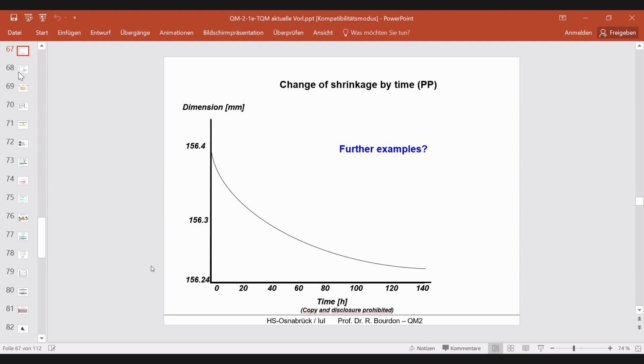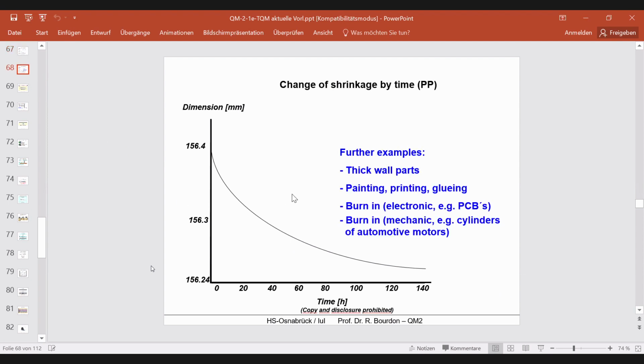What are further examples? There are other examples, of course. If you think of the cooling of metal, of steel parts, which have a big wall thickness, it can last several hours or maybe 2 days until they are cooled down to the room temperature.